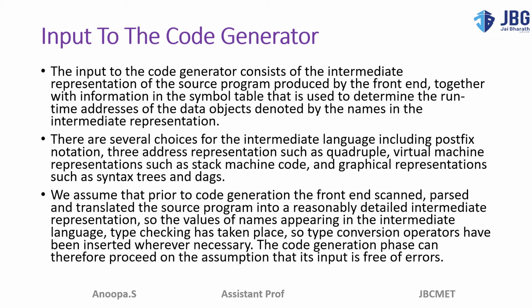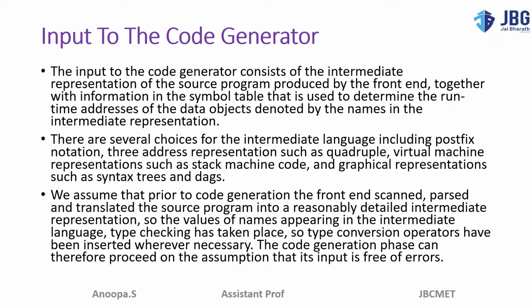So we assume that prior to code generation, the front end has scanned, parsed, and translated the source code into a detailed intermediate representation. Okay, so the values of the names appearing in the intermediate language have been substituted, type checking has taken place, and type conversion operators have been inserted wherever necessary.